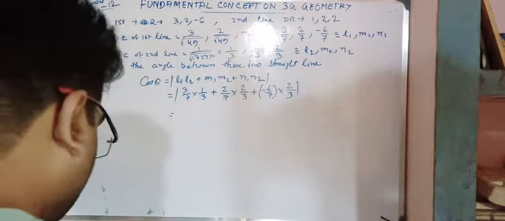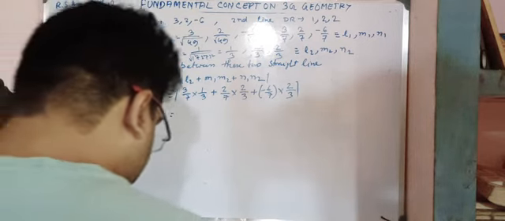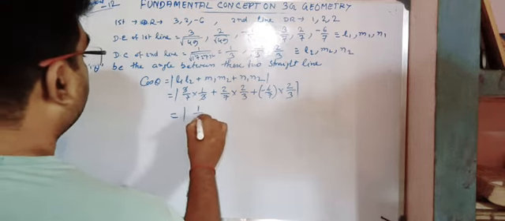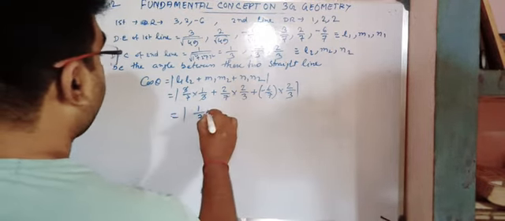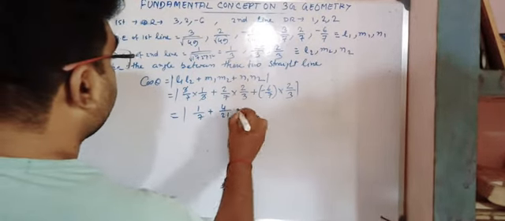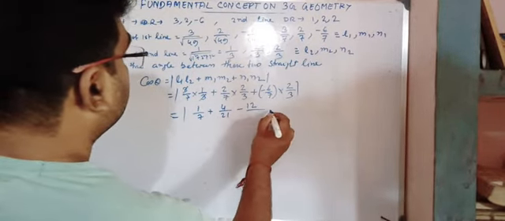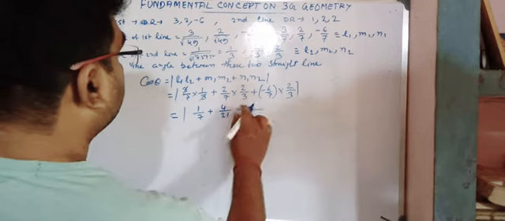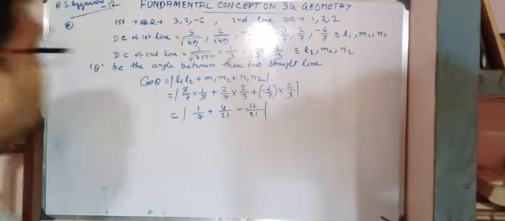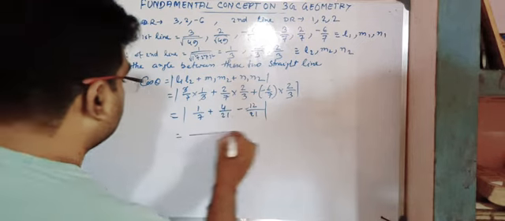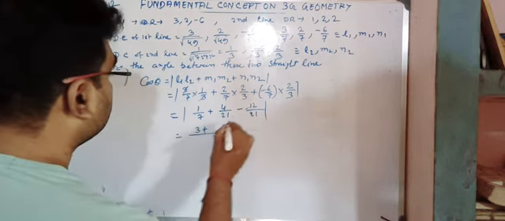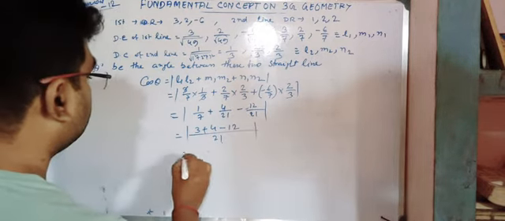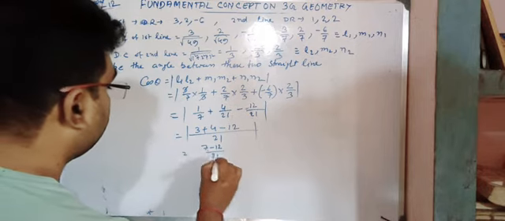So now if we calculate that, we get 7 minus 12 by 21, with the modulus as well.